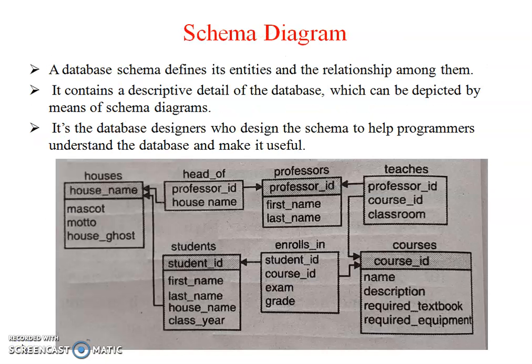Now the next topic is the schema diagram. Schema is nothing but the design or structure of a database organization, or we can say that it is a graphical representation of different tables and their relationships, which are based on various business rules. In a schema diagram, the different tables are designed with unique columns and special features, for example primary key, foreign key, or not null.